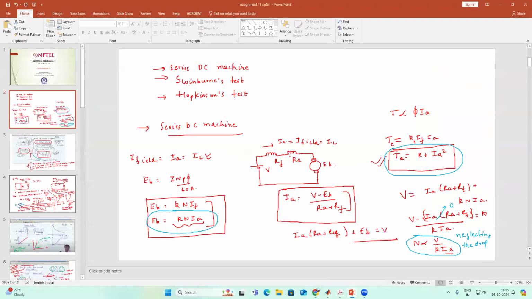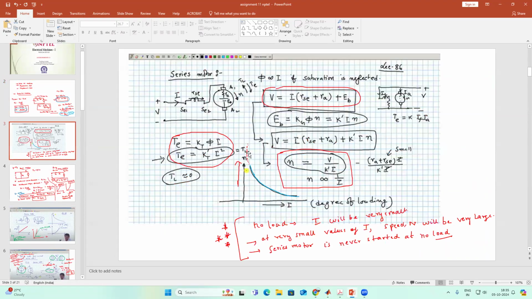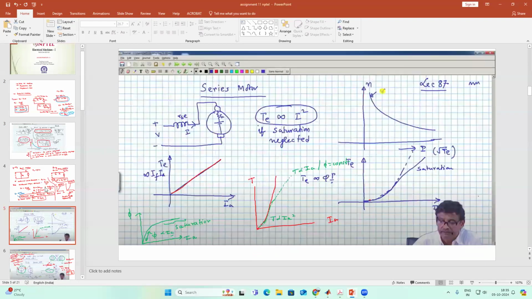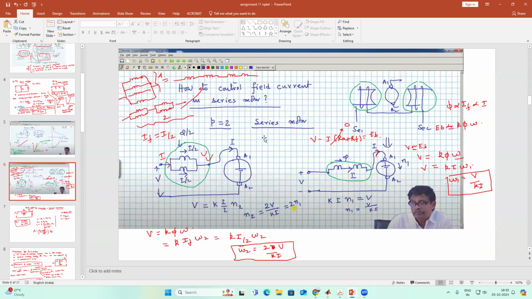I have discussed all the 10 questions, and also the theory. We discussed the series DC machine, then the speed versus load characteristics and the torque versus load characteristics. We also saw how you can control the speed of the series motor by changing the field current, by changing the field winding connection, or by putting a diverter resistance externally.